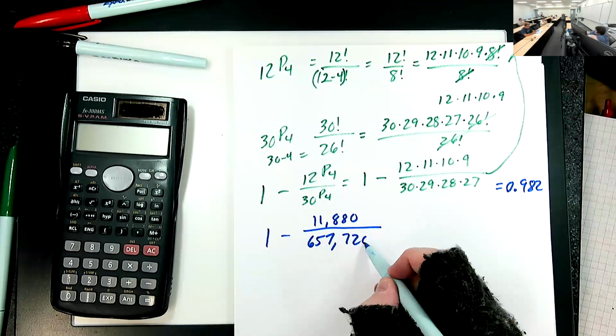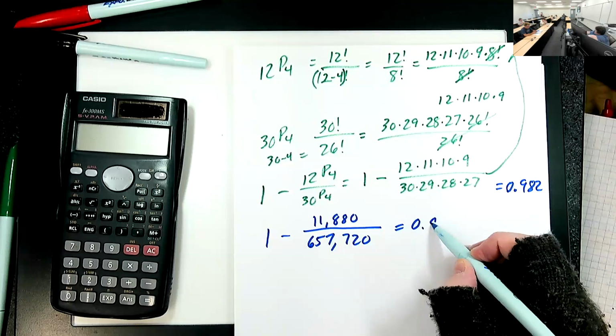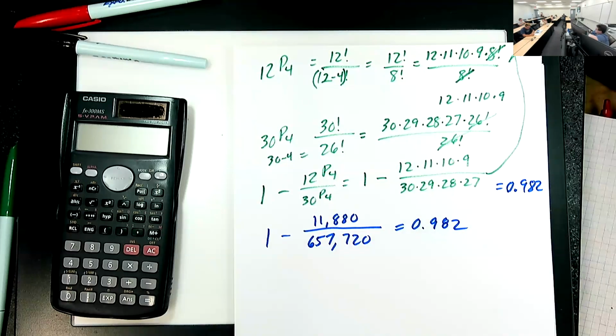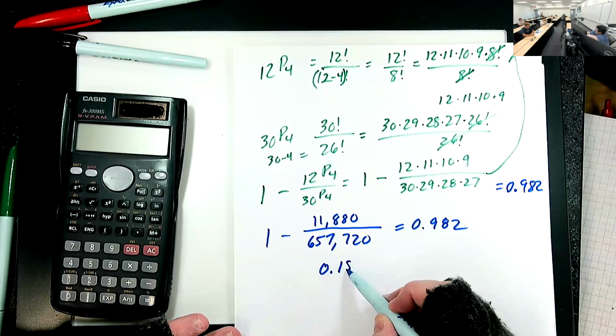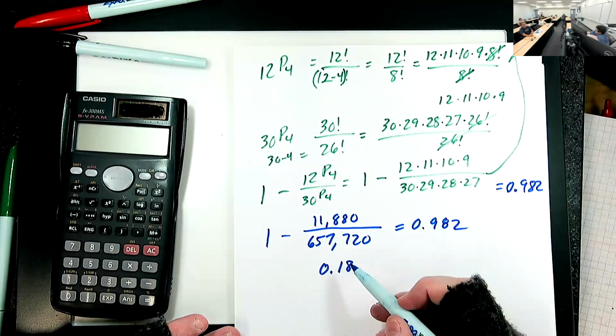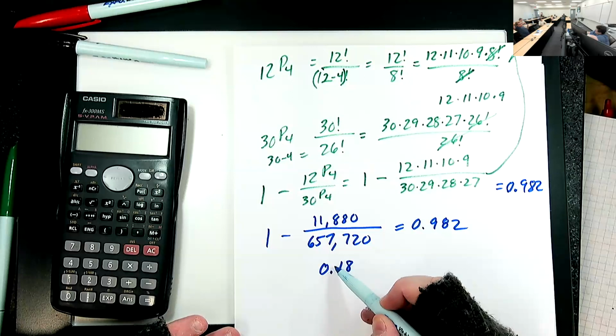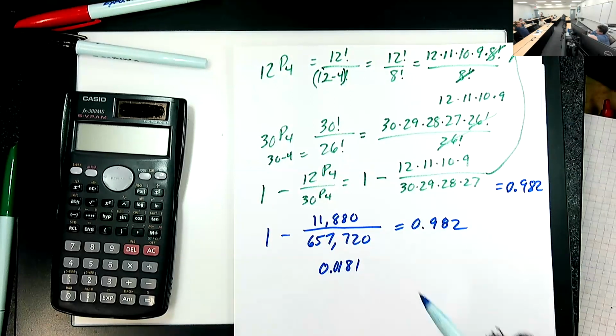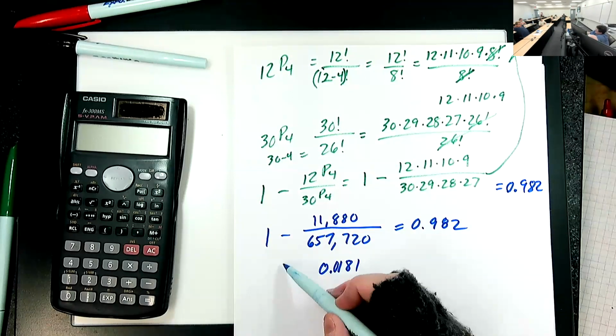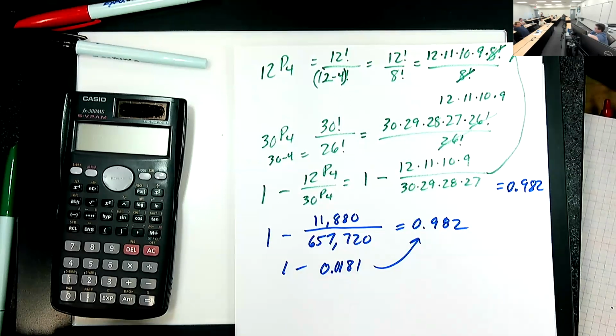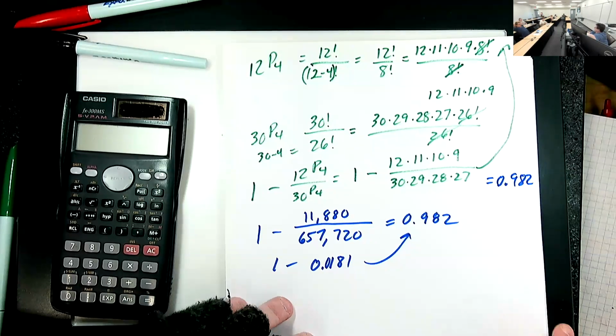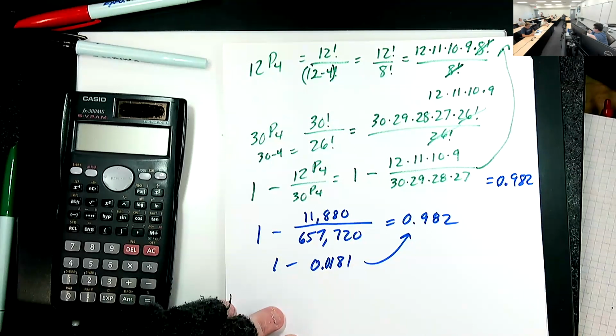I forgot to subtract from 1. Which is 0.0181. And then subtract that from 1, and you get the 98. All right, now your notes are complete. So that's better than what I wrote.